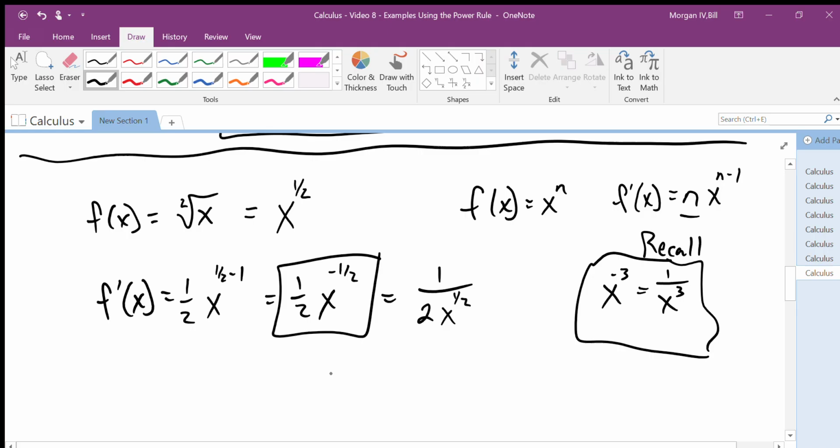But we also know a 1/2 power is the same thing as a square root. And we get this, 1 over 2 root x. Either one of these mean the same thing, are fine, just depends on the context of which one you want to use.